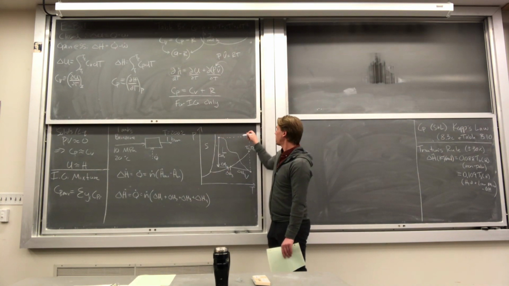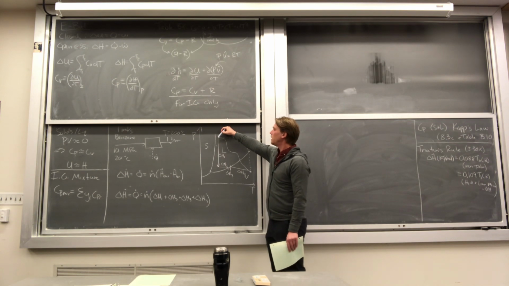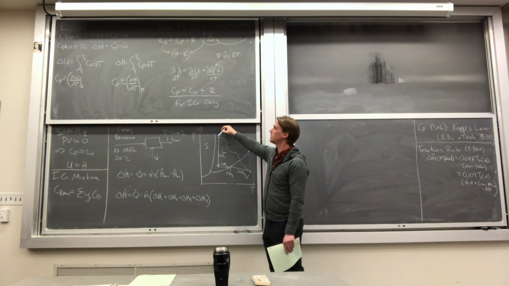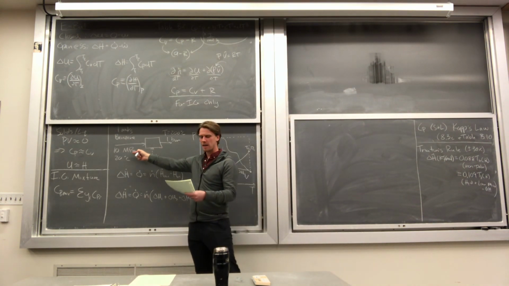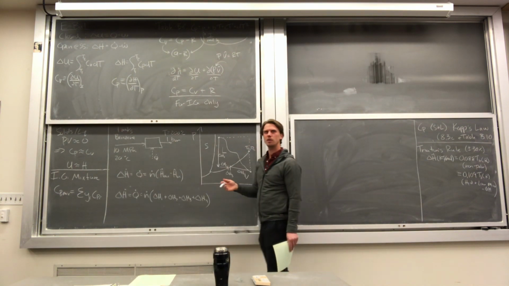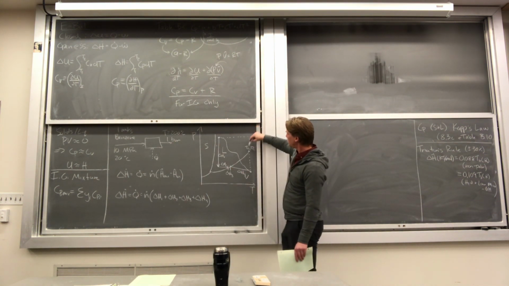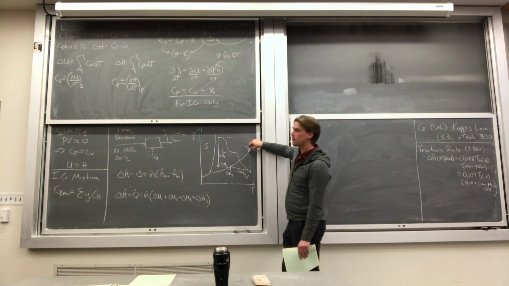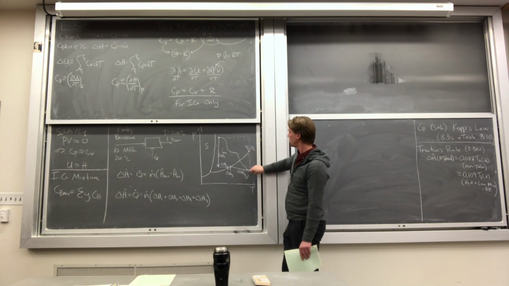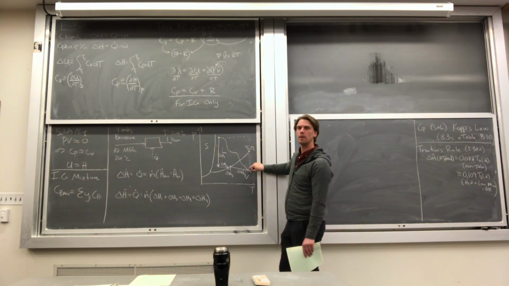If we took this path, we would need to have access to the heat capacity of liquid benzene at elevated pressures, which we could probably assume is pretty constant. We're going from 10 megapascals, so that's like 100 atmospheres. We could probably ballpark it. Then we would depressurize it once it has a higher temperature, and we'd have to estimate the heat of vaporization at 200 degrees C to get to that point right there.